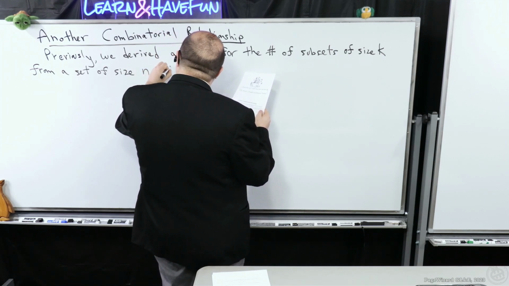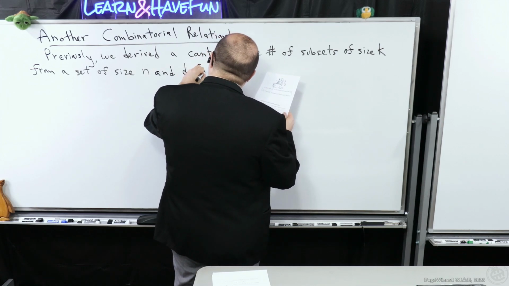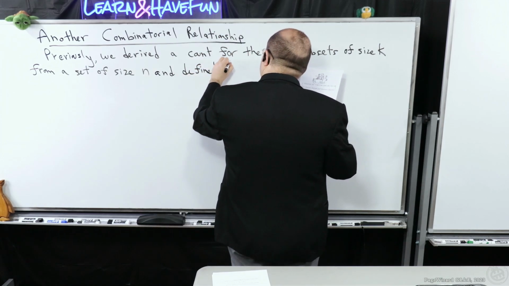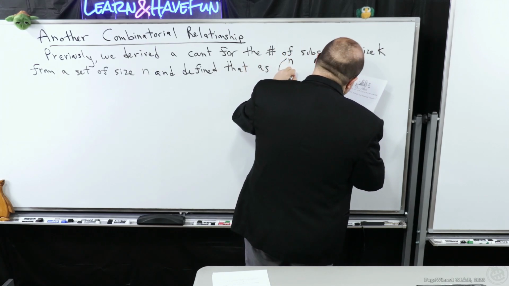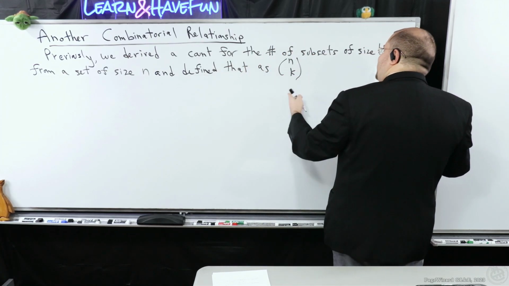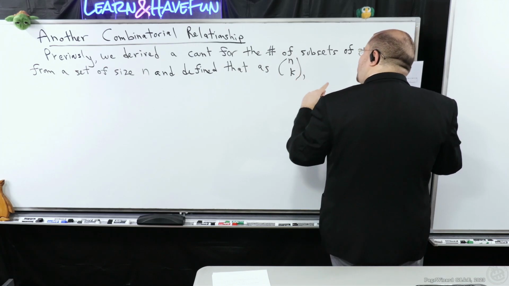And we define that as n choose k, right? This is how we wrote it before. But I'm going to define it more carefully.